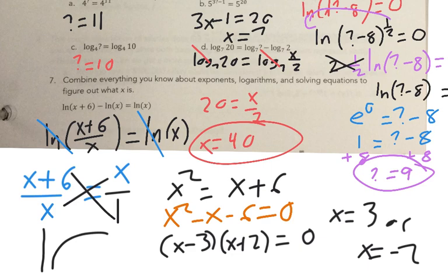The domain is only 0 to infinity. So this negative, when I plug it back in, doesn't work. And so the only correct answer is 3. So when we solve these logarithms, you have to also check, is it valid for the domain? Because not everything will be.